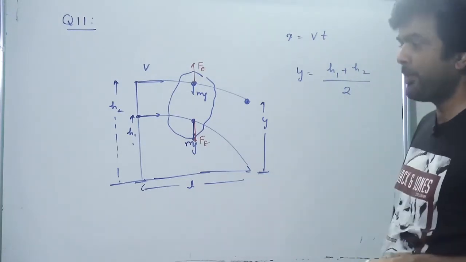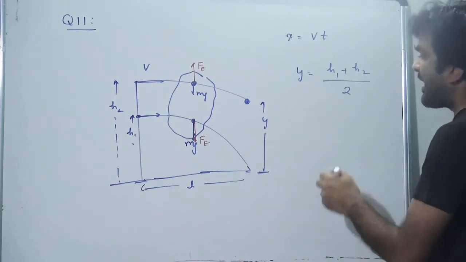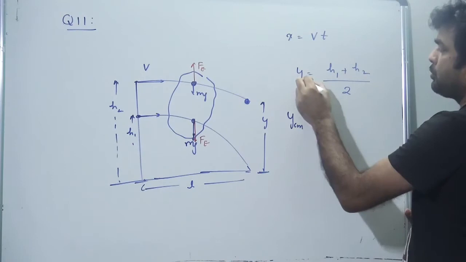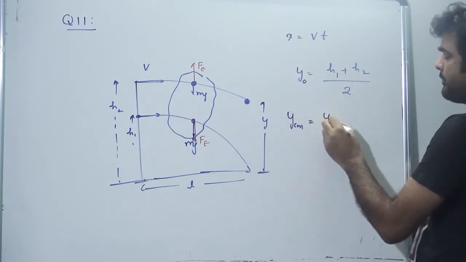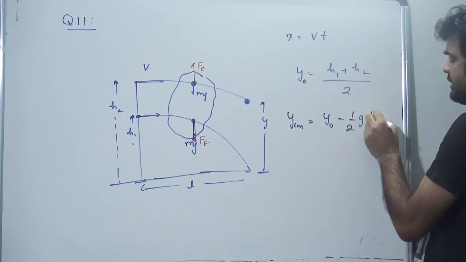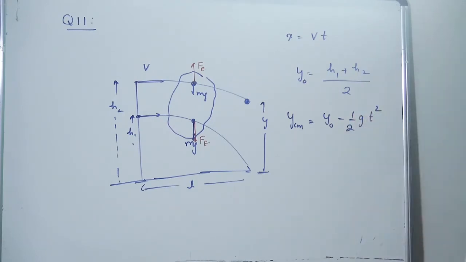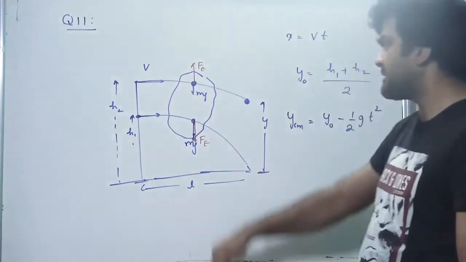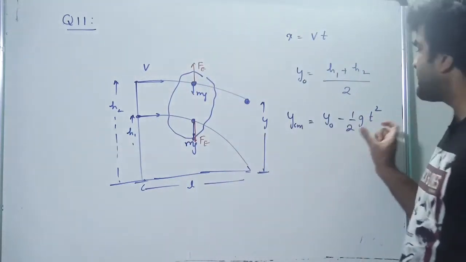So at any moment the y coordinate of center of mass will be equal to, if this is initial y coordinate, minus half g t square. We are taking the upward direction as positive, and since the acceleration is negative, therefore minus half g t square.